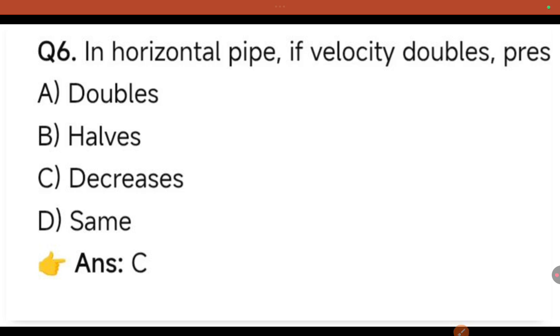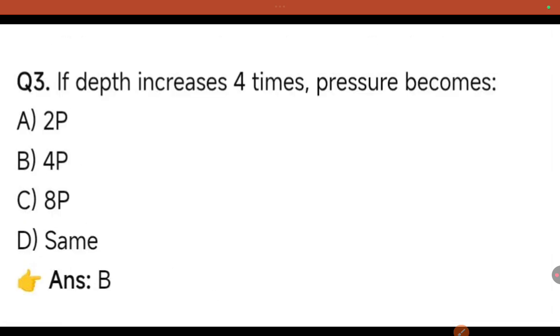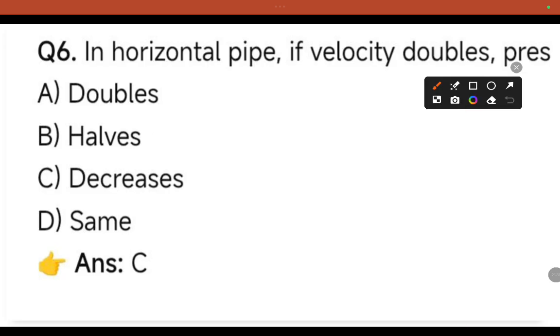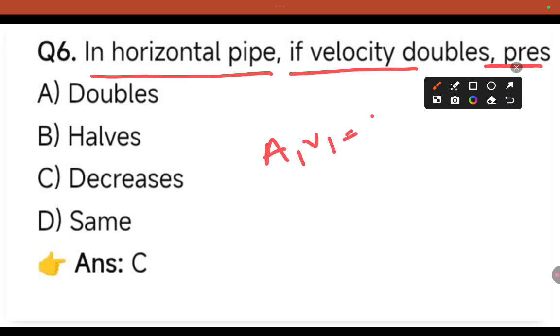In a horizontal pipe, velocity double, pressure? So that is A1 V1 equal to A2 V2. This is about the equation of continuity.